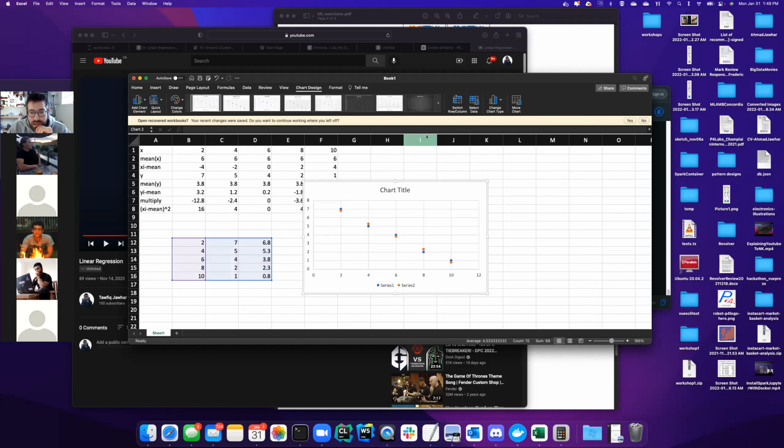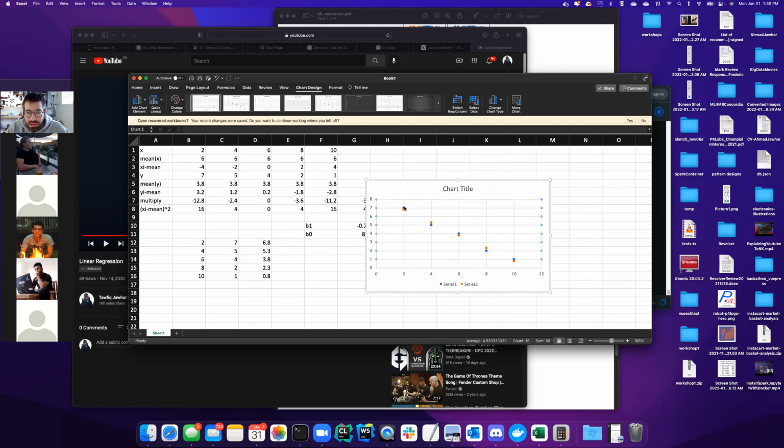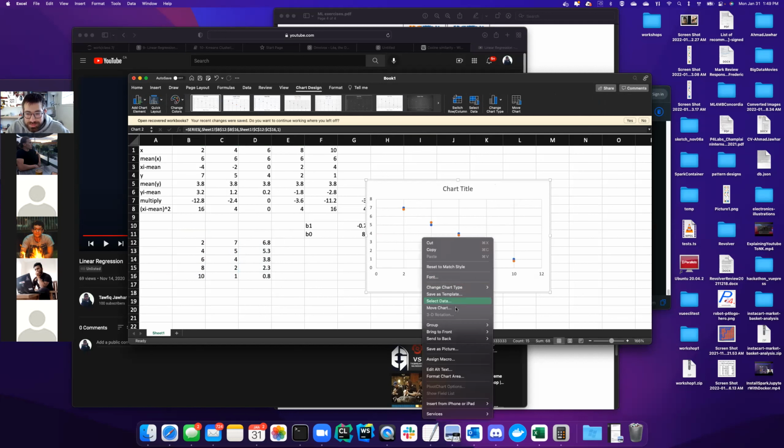I haven't done any plotting in Excel for a long time, so this is definitely not the way I want to do it. I want this line to be a line and this one to be a scatter plot. Anyone have an idea how to do this?